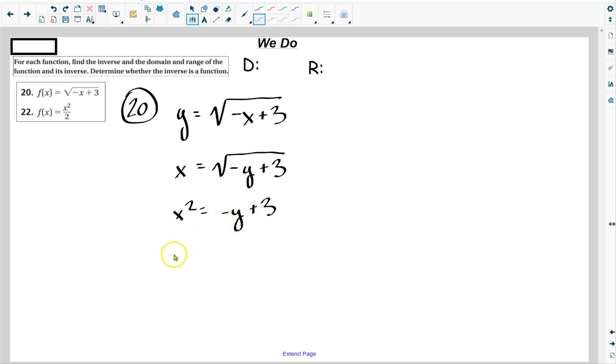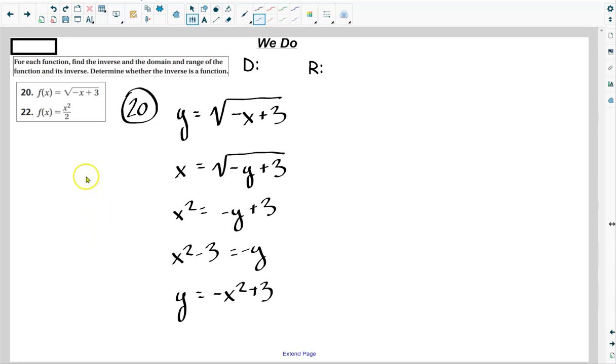We subtract 3. And we now multiply by a negative. I have to go fast to shorten this video. So we're going to have y equals negative x squared plus 3.